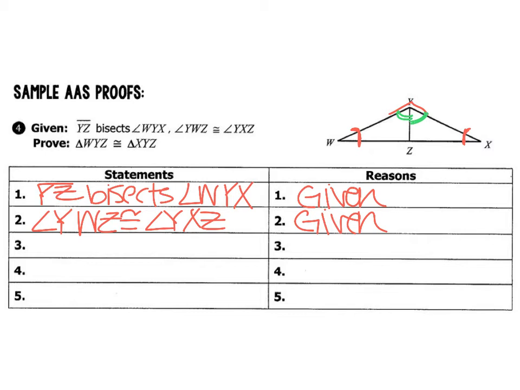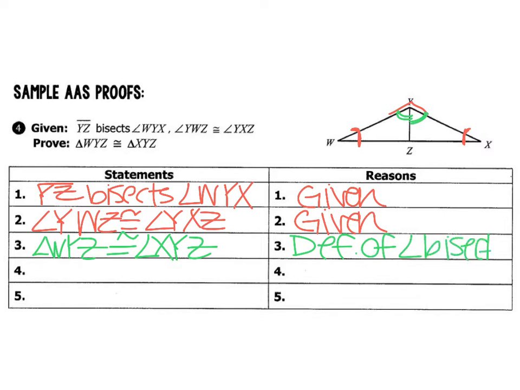All right, so we can say that angle WYZ is congruent to angle XYZ because of the definition of an angle bisector.